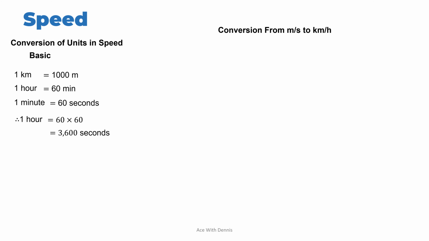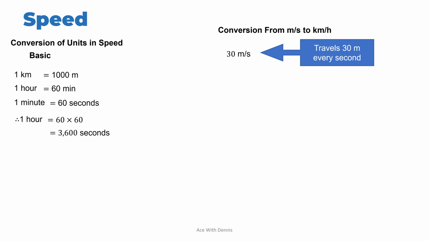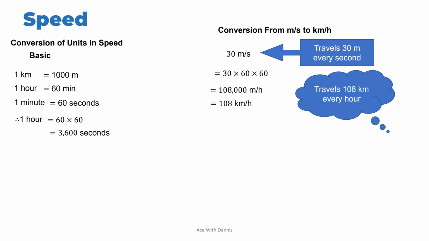Conversion from meters per second to kilometers per hour. For example, 30 meters per second. This speed means the motion travels 30 meters every second. To convert to kilometers per hour, first we take 30 times 60 times 60, which is 108,000 meters per hour, or 108 kilometers per hour.